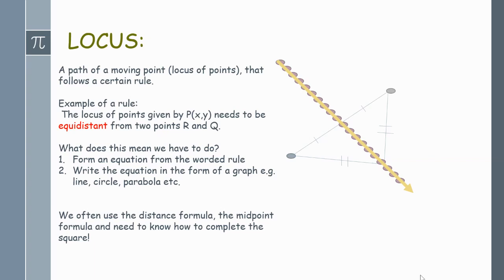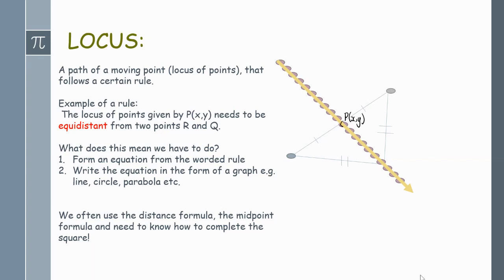The locus of points given by P(x, y), so that's our group of moving points, needs to be equidistant, or equal distance, from two points R and Q. If we take a look at the diagram on the right hand side, we can see all these little dots through the center forming a line.